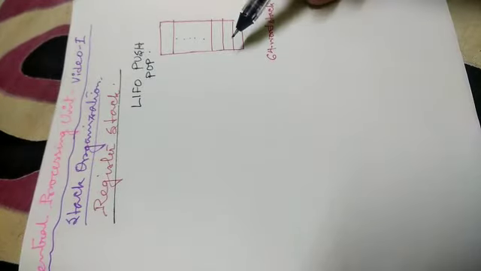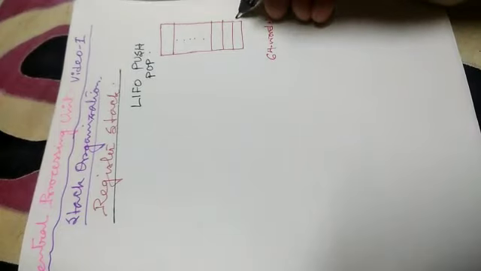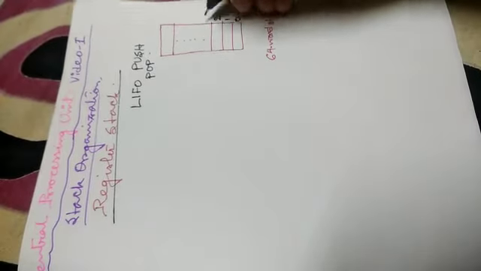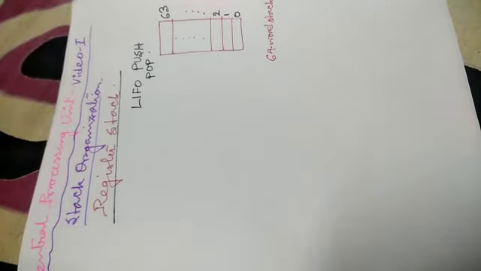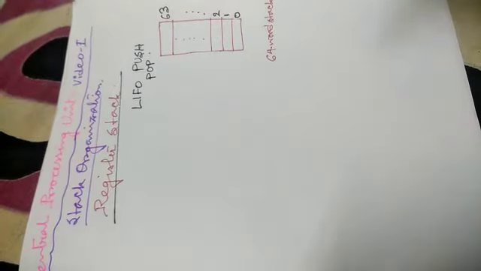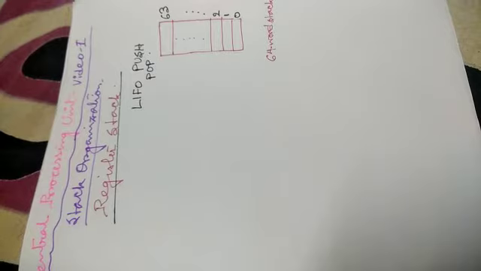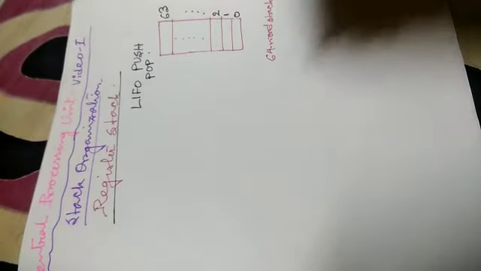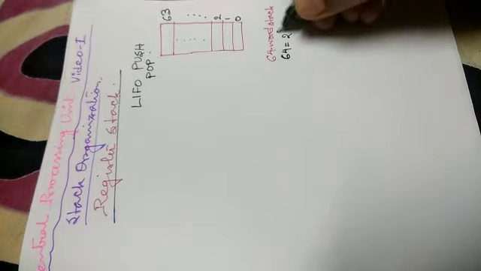It is a 64-word stack, so the addresses will be numbered from 0, 1, 2 up to 63, right? Okay, now tell me, if the size of the stack is 64, then what is the address size? That means by how many bits will I be representing these addresses. You know already, 64 equals 2 to the power 6.